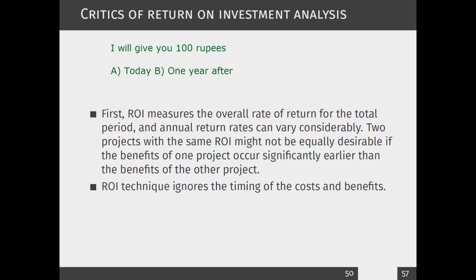Yes, I'm going to give you 100 rupees. One option, you can get it today, or you can get it 1 year after. My question is, when would you like to have it? Is it today or is it 1 year after? Okay, so this is the first scenario.